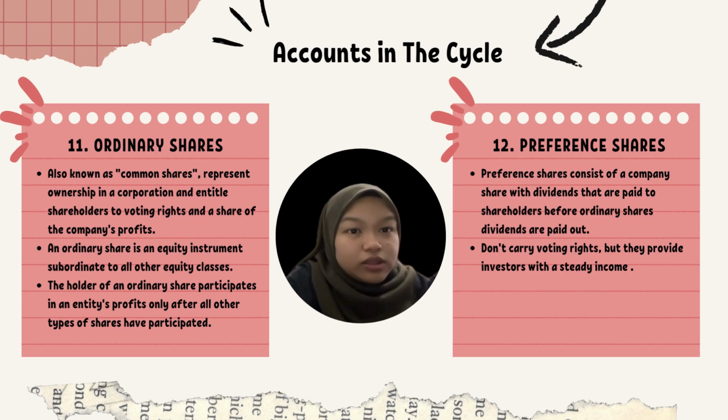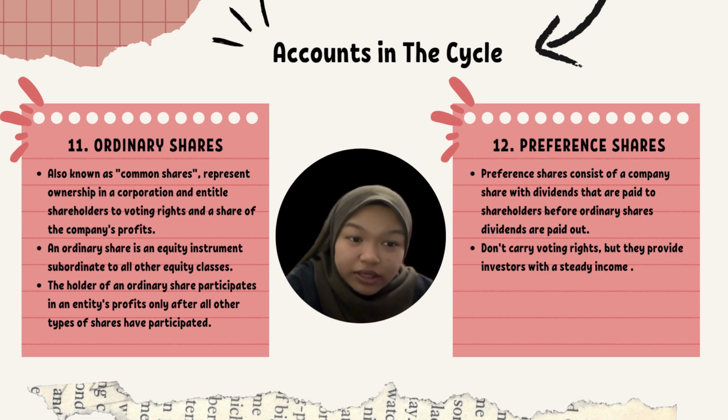For the preference shares, unlike the ordinary shares, it comes with a fixed dividend rate, which is paid out to shareholders before dividends are distributed to holders of ordinary shares.